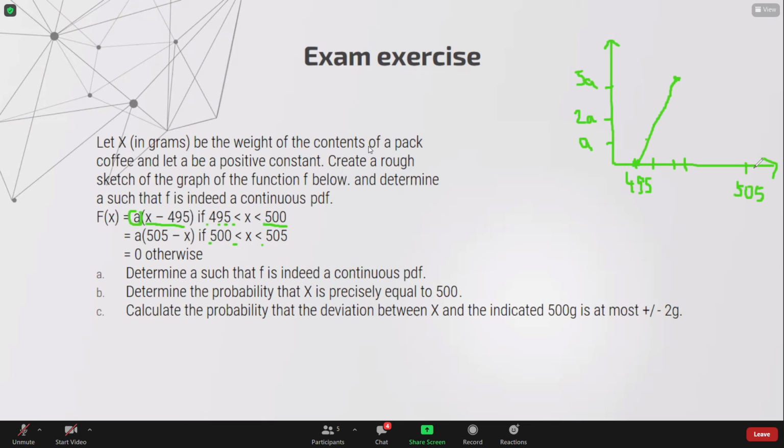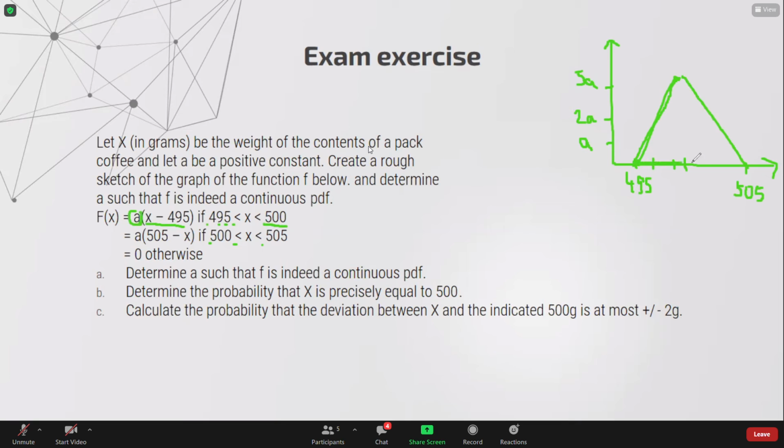The second side is the same as the first one, but here it is decreasing. Why? Because here we have 505 minus our x. If we substitute, for example, 502, it would become 3 times A. In that way, we have a perfect triangle. So we know that the area below the triangle is just 1.